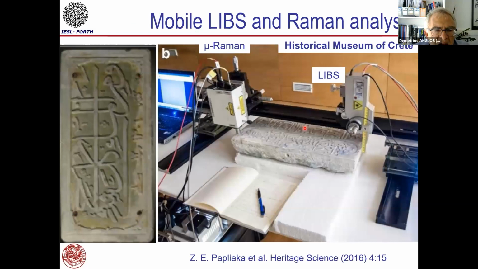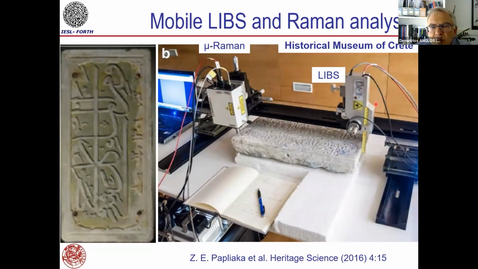Now, how do we do that? You see in the slide a mobile Raman system and a mobile LIBS system working in a museum side by side. It's easy and straightforward to see the concept. We have the Raman probe head on the left.